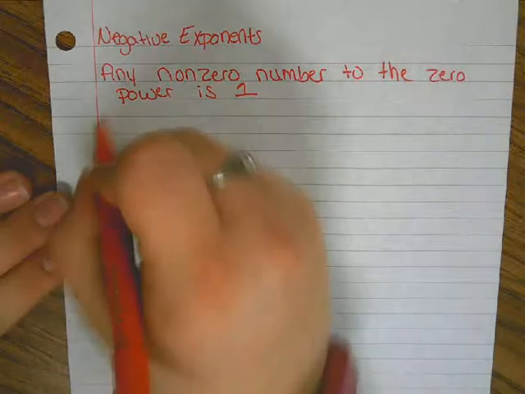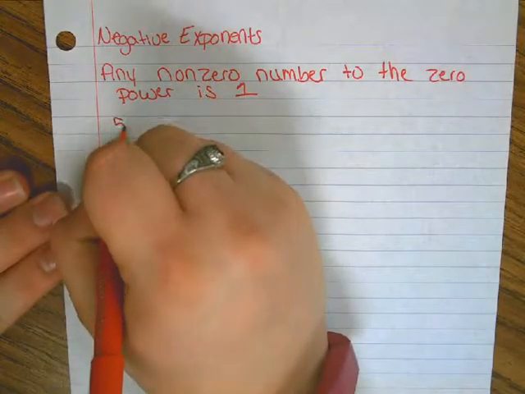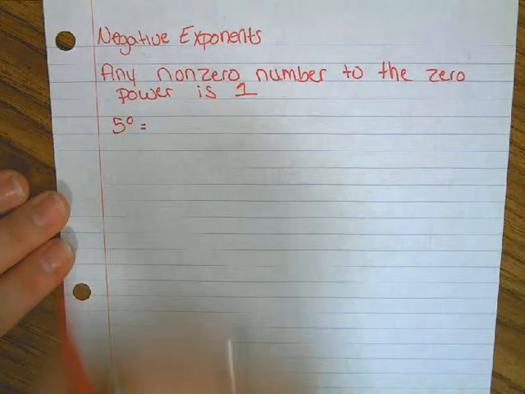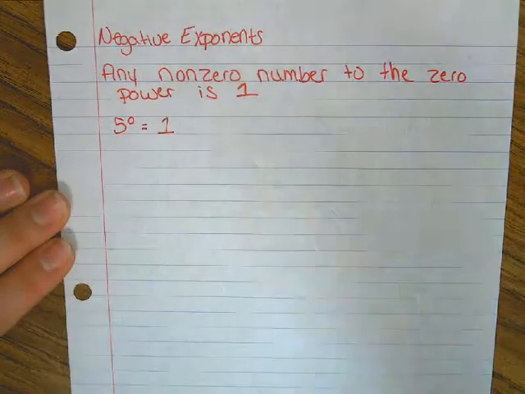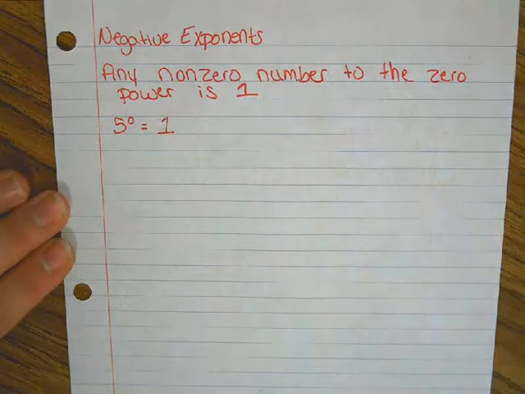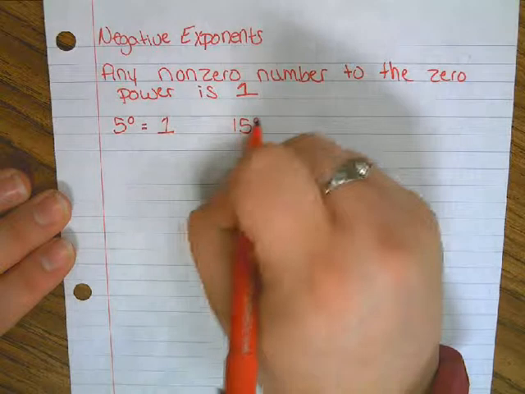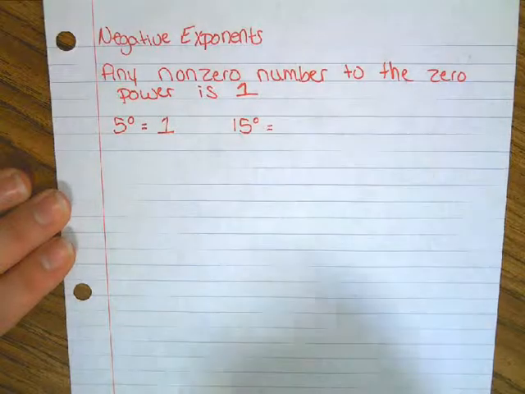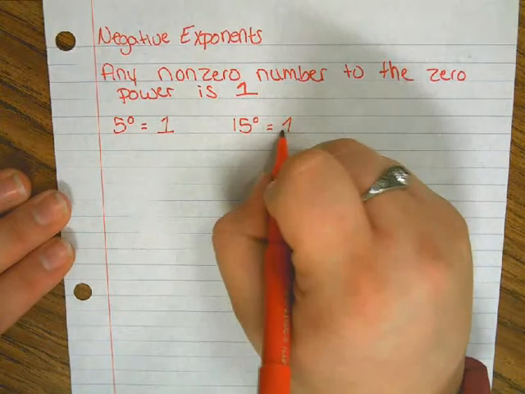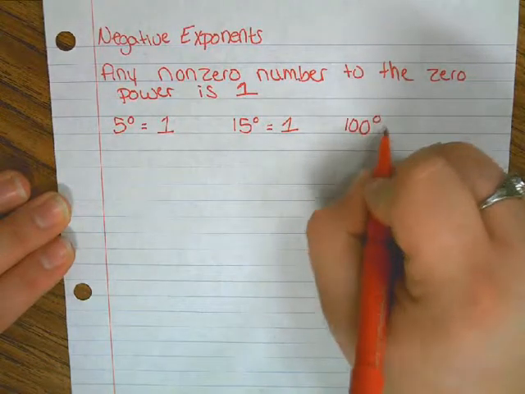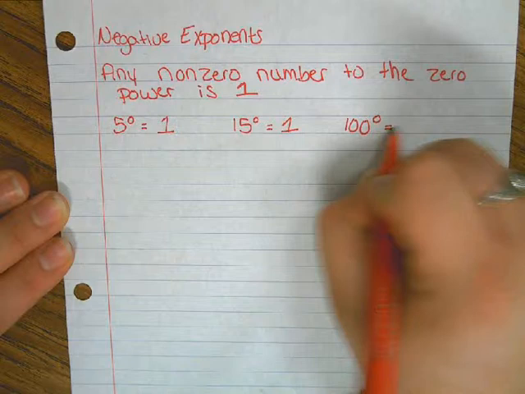For example, 5 to the 0 power gives me 1. 15 to the 0 power is 1. 100 to the 0 power is 1.